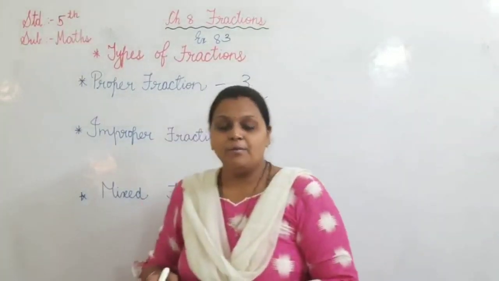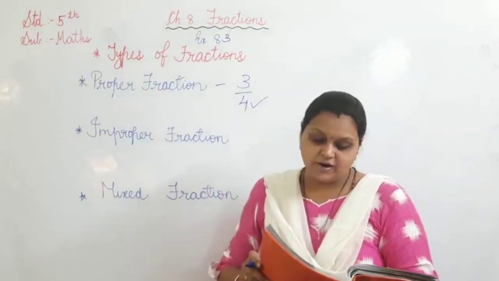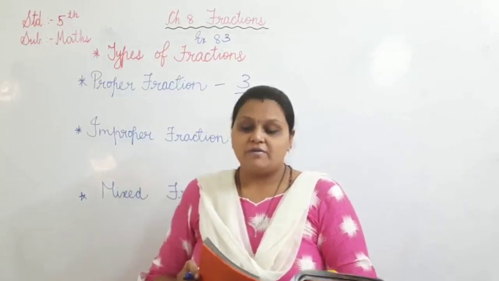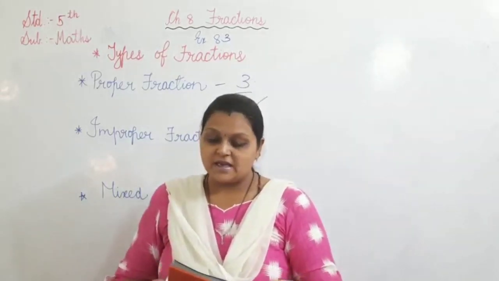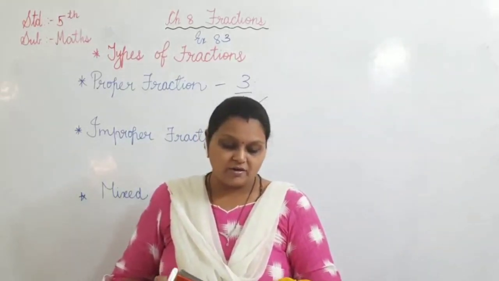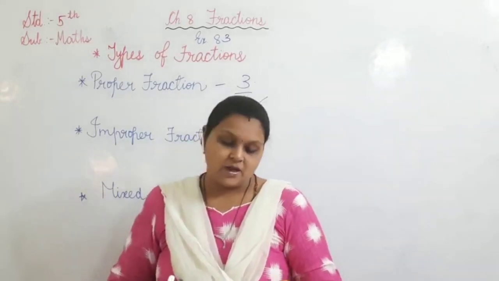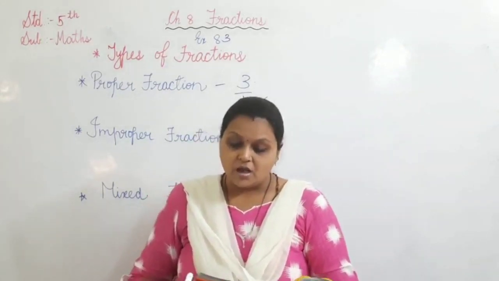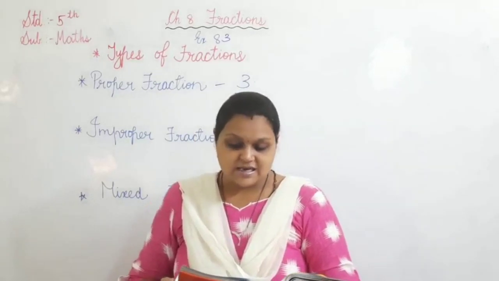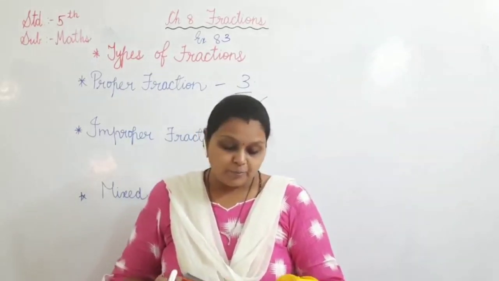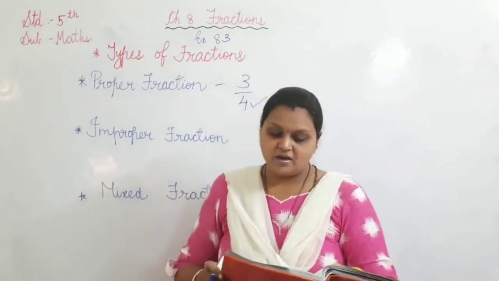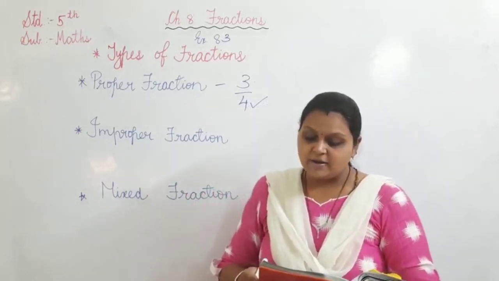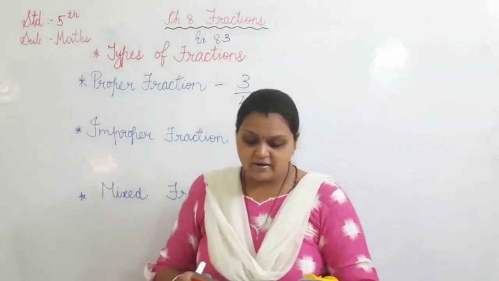Second is improper fraction. An improper fraction is a fraction having a numerator that is equal to or greater than its denominator. In an improper fraction, the numerator can be interpreted as the number of parts we have and the denominator as the number of parts the whole is divided into.